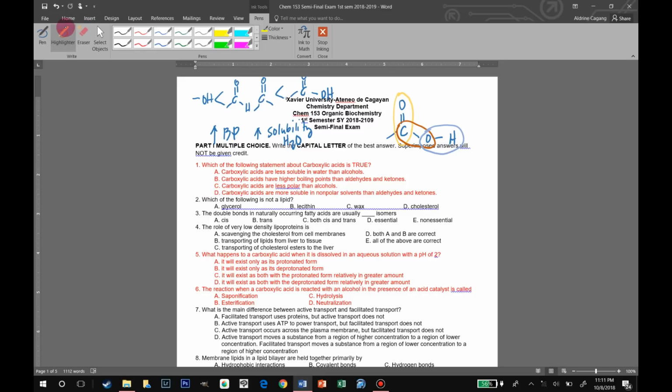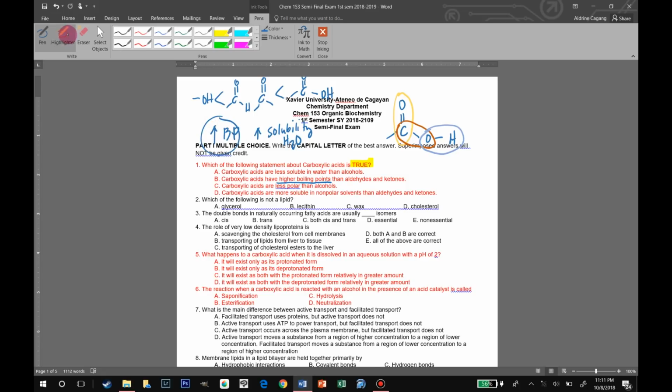Okay, so you're being asked here which among the following statements is true. Let's just go through all of them. Letter A, less soluble in water than alcohols. That's going to be false. Letter B, have higher boiling points than aldehydes and ketones. Again, if you have a more polar functional group, it's going to result in a higher boiling point.